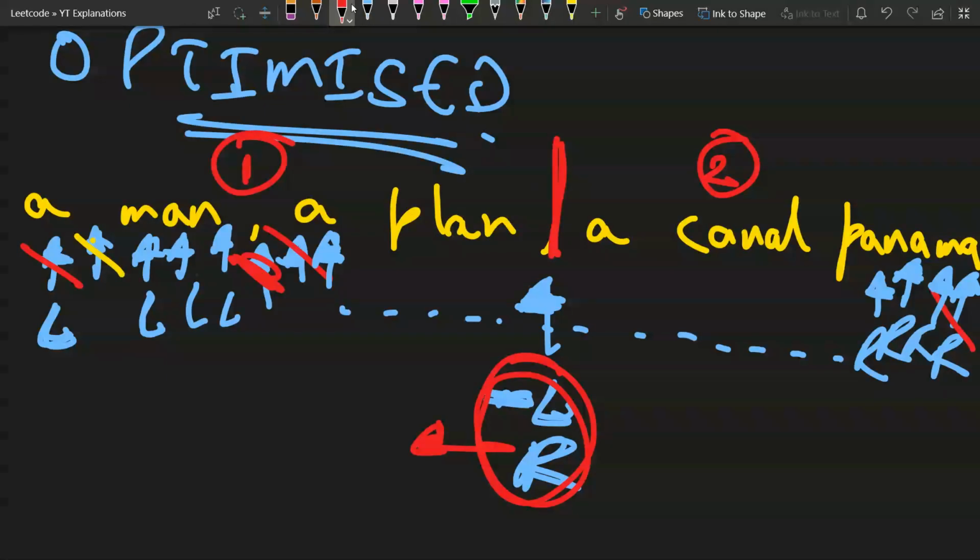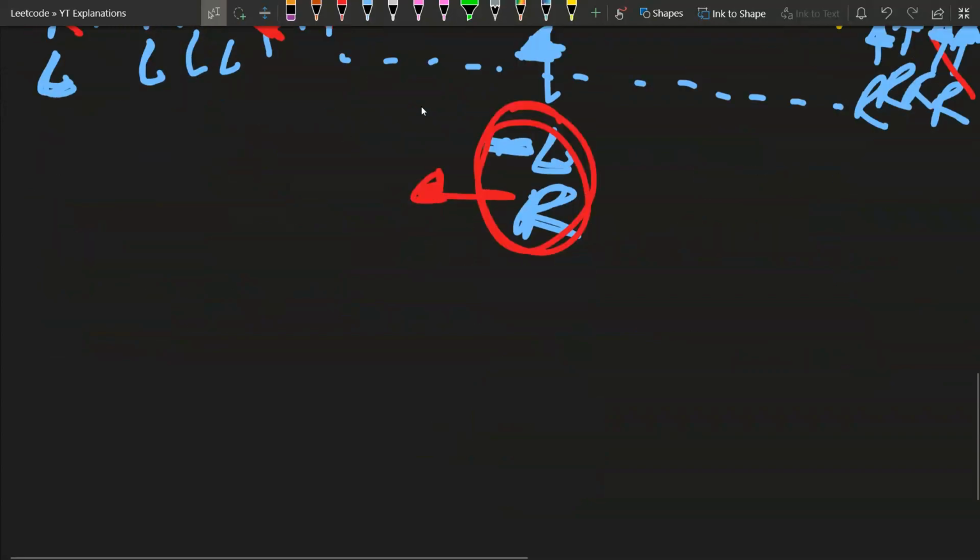At that stage, we exit and return that it's a palindrome, because we have already checked the letters in the first half and in the second half, and they're matching. And in any case, when we are moving, if L is not equal to R, we directly return that it's not a palindrome and we don't have to check further.